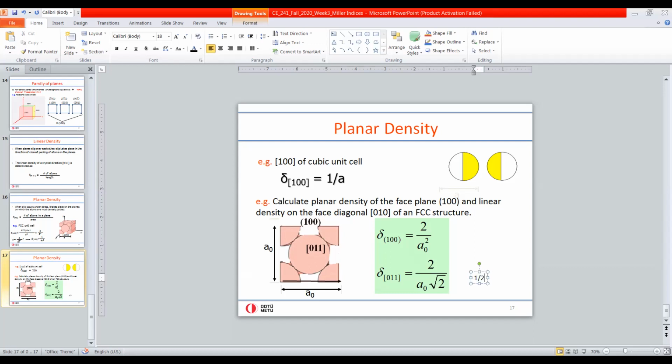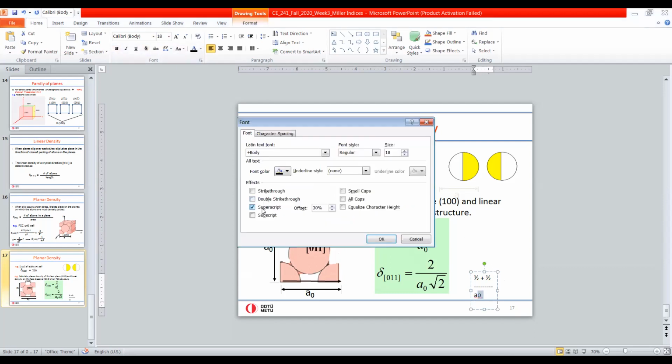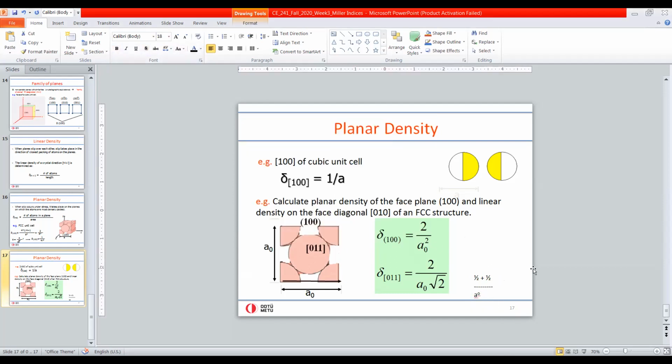Over 2 plus 1/2, and it would be divided by a value of a naught. So then this would be the answer to the question that we've created.